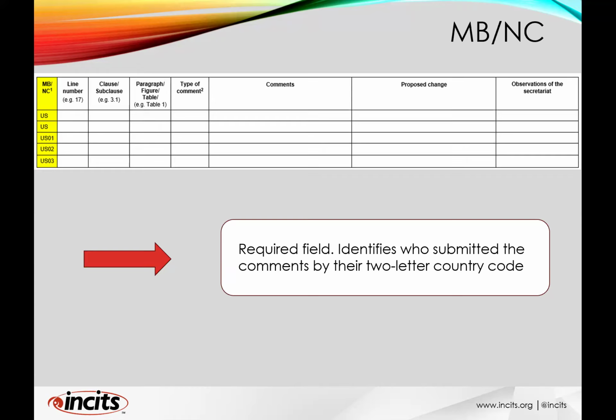To help with that, the portal gives us an option. We can add numbering to the member body column. This simple addition makes it much easier to trace US submissions throughout the compiled list. And here on the slide, you'll see an example of how this numbering may be done.